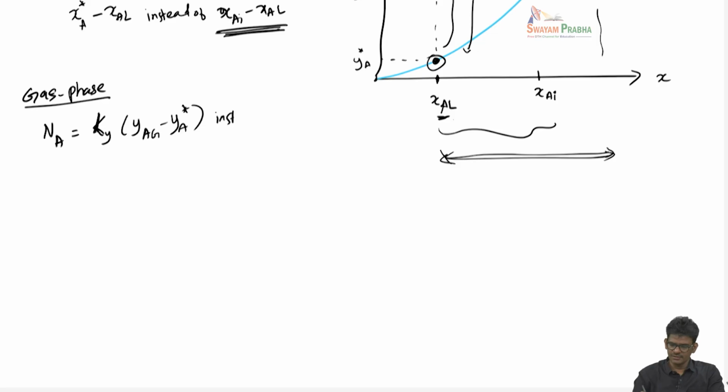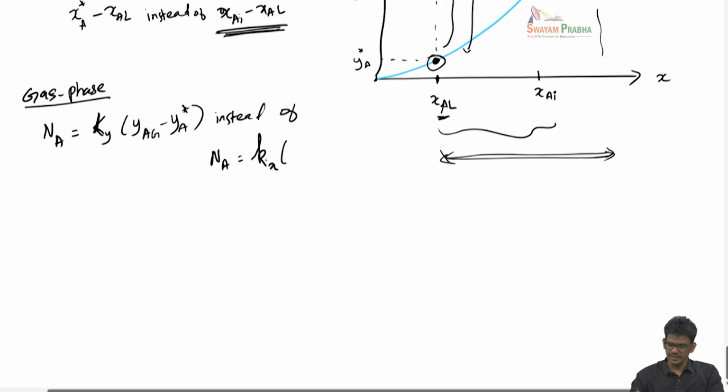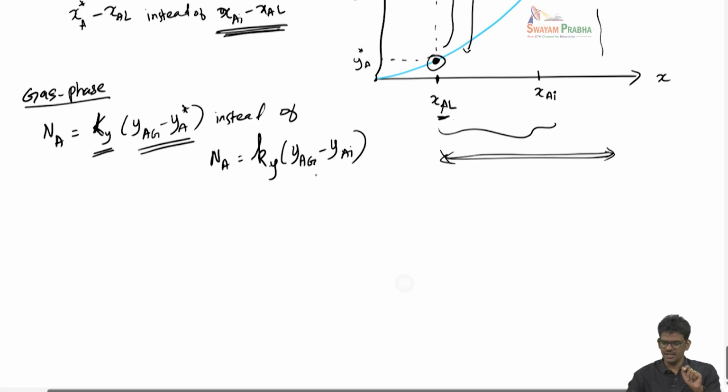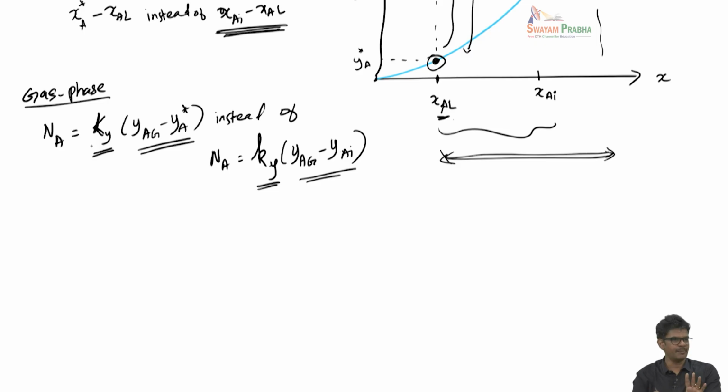Instead of writing NA as small ky times YAG minus YAI, it is just a different way of writing the mass flux here, the mass transfer rate. Here I am using a different driving force and an overall mass transfer coefficient. Here I am using the correct actual driving force for mass transfer, and I am using the local mass transfer coefficient. They are differentiated by small ky and capital Ky.